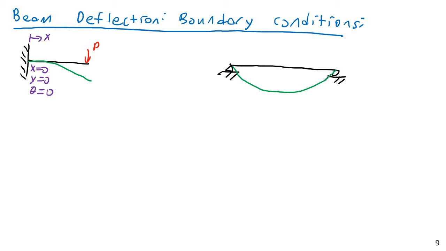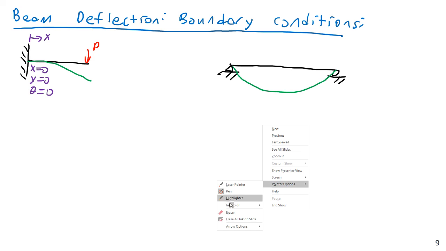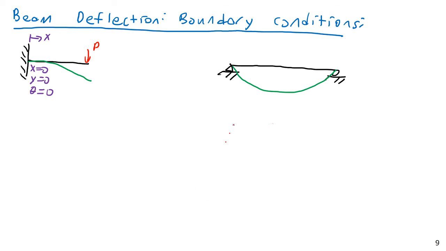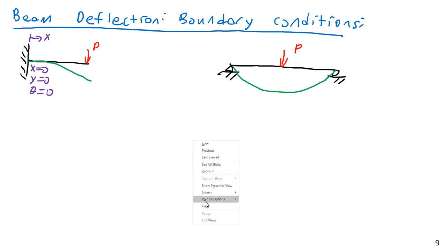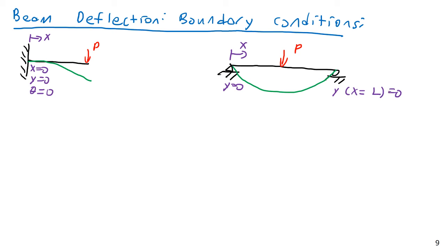It's going to be just a smiley face kind of shape, assuming we have a load P right in the middle. We could have a few boundary conditions here. Again, x increasing from the left, but here we know that y equals 0, and also y at x equal L is equal to 0. However, our angle of rotation theta here is not equal to 0, and theta here is not equal to 0.